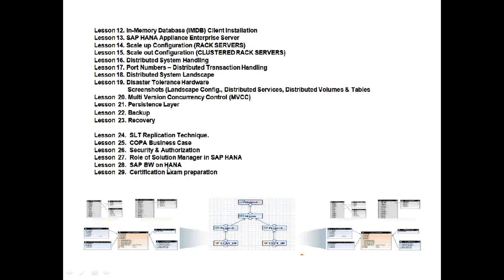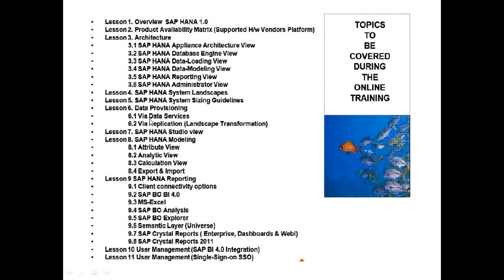All right. This is something relating to administration, the in-memory database, client installation, appliance, enterprise server, and all that. Now, since Business Objects Data Services is one of the main replication methods for moving data into SAP HANA, we will be understanding Data Services very closely.